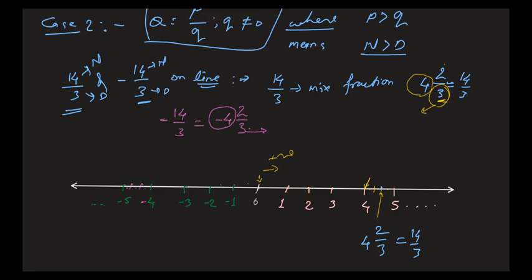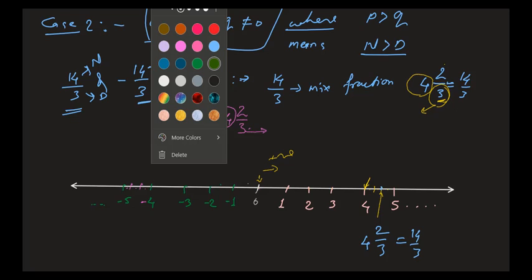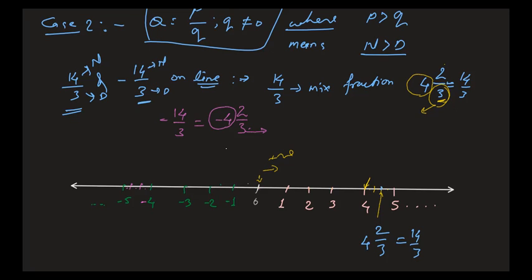From this we take the second part, these 2, second from minus 4, so it's minus 4 and 2 by 3, equal to minus 14 by 3.